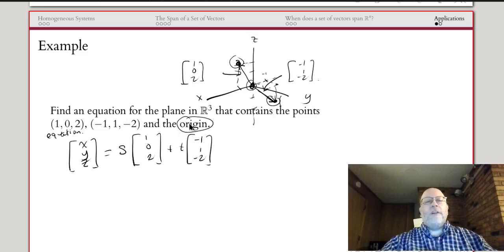If the origin is included in the plane, this is super easy. Just convert these points into vectors and take their span. Ta-da!